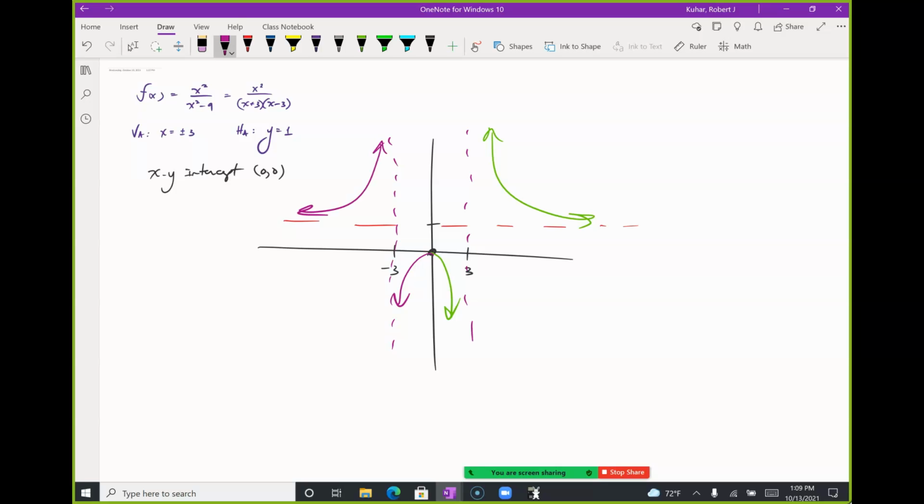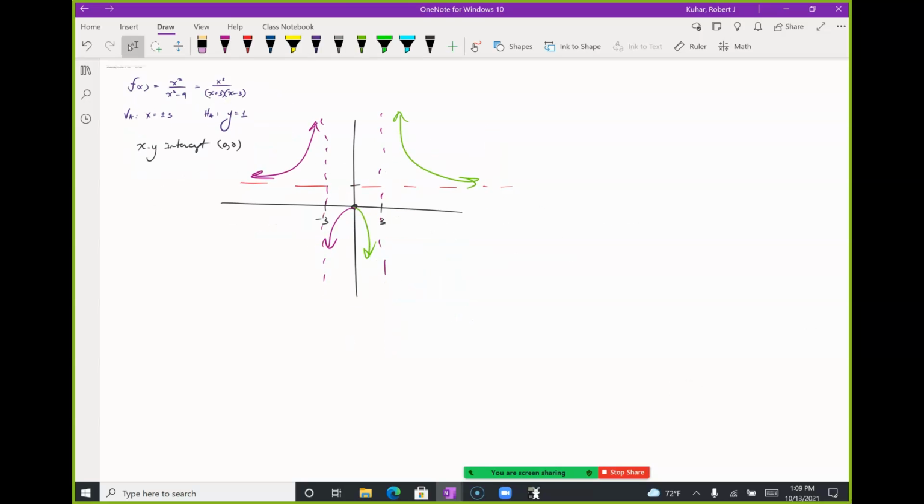Does anybody want to see that? F of 3 is 3 squared over (3 plus 3) times (x minus 3). Remember, I can't plug the 3 into x minus 3. I get a 0. But I can plug it in everywhere else. And I get 9 over 6 times 1 over x minus 3.